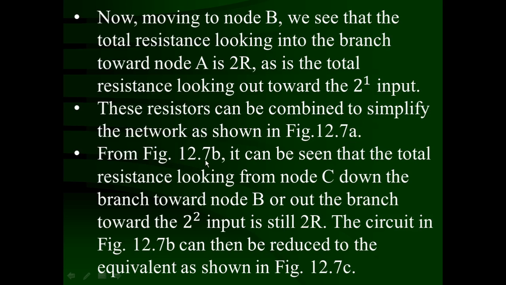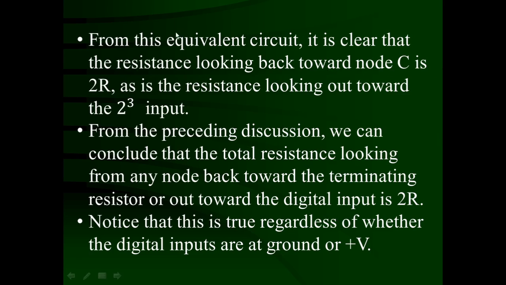From figure 12.7b, it can be seen that the total resistance looking from the node C down the branch toward the node B or out to the branch toward the 2 raised to 2 input is still 2R. The circuit in figure 12.7b can then be reduced to the equivalent as shown in figure 12.7c. From these equivalent circuits, it is clear that the resistance looking back toward the node C is 2R, as is the resistance looking out toward the 2 raised to 3 input.